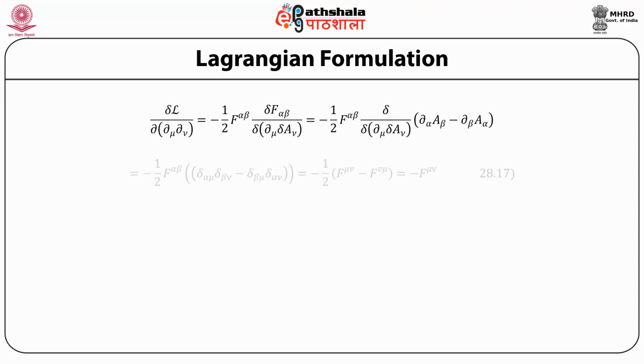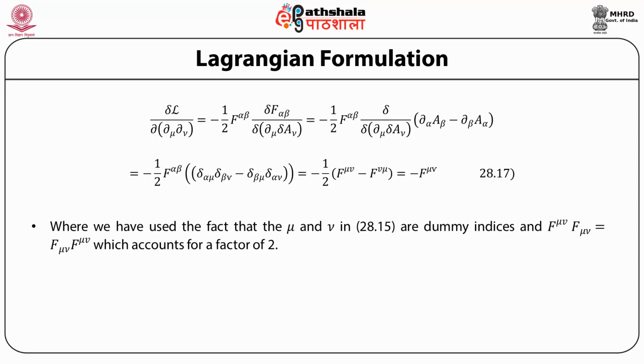This equals −1/2 F^αβ (δ_α^μ δ_β^ν − δ_β^μ δ_α^ν), which equals −1/2 (F^μν − F^νμ), which is equal to −F^μν.